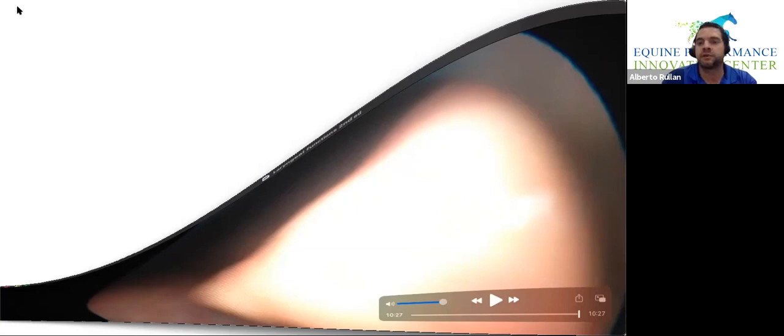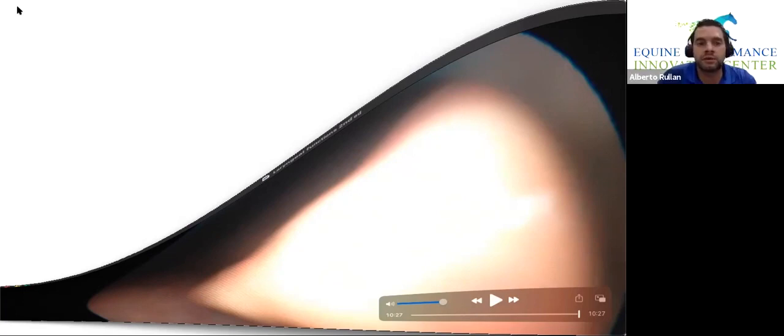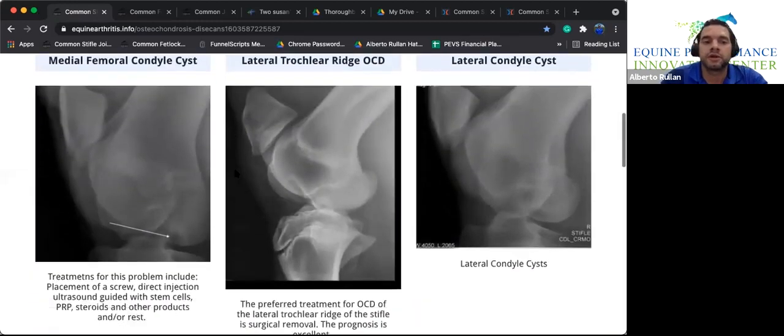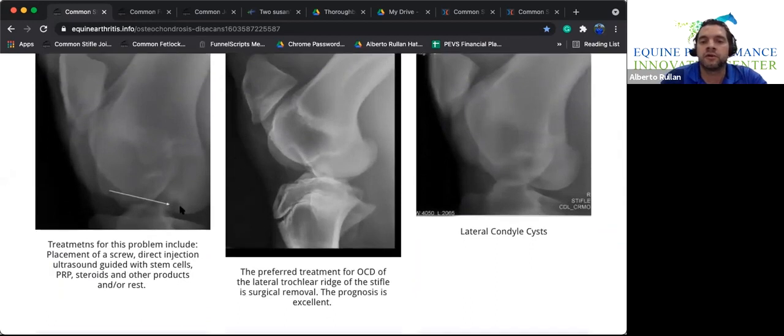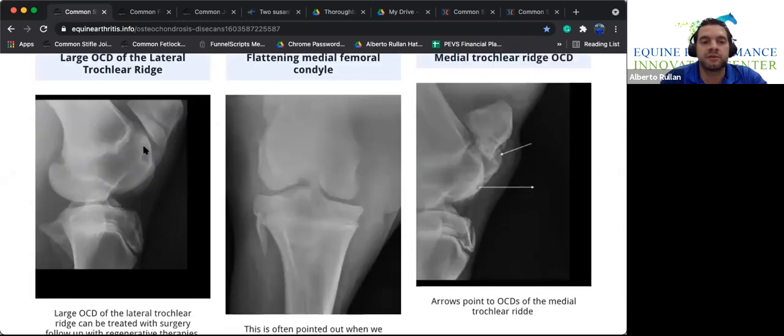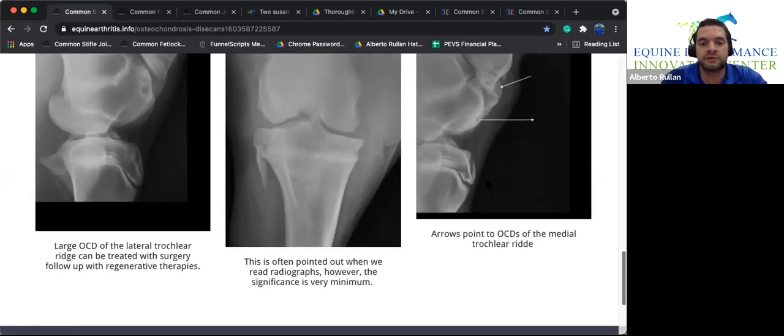I think the presentation stopped. Oh, wait a minute. How about now? Can you see it? Good. So, do you see now? Good. So calcinosis circumscripta, nasty OCD over here.